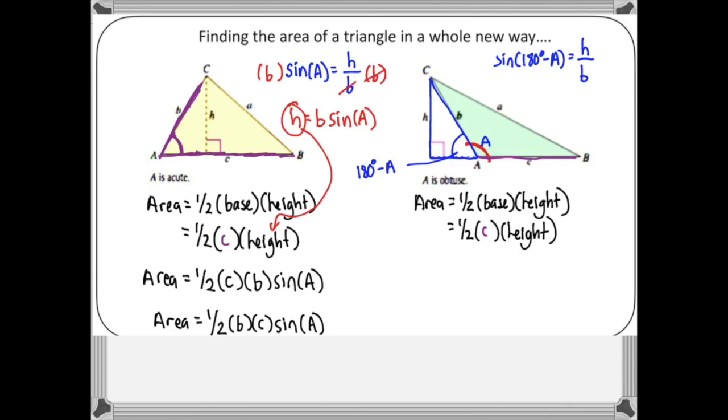So angle A would be an included angle, and the sides that make the angle are b and c. If you take half of their product times the sine of the included angle A, that's going to give us the area of that triangle.